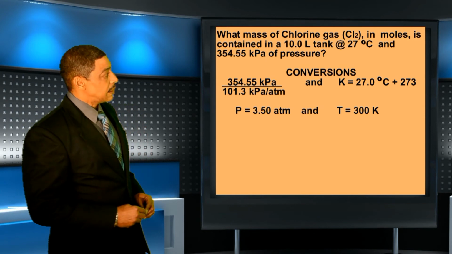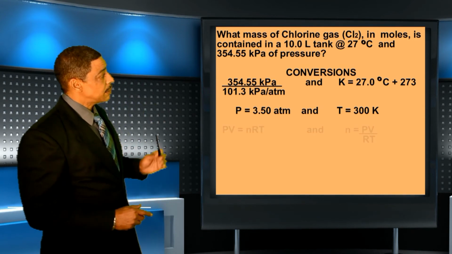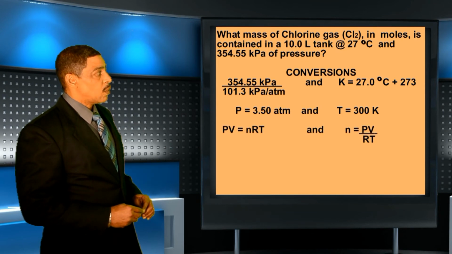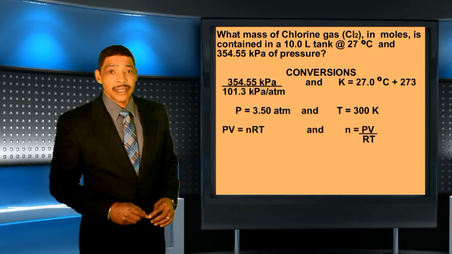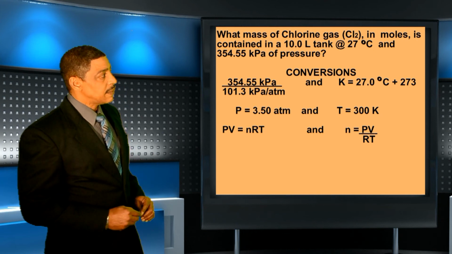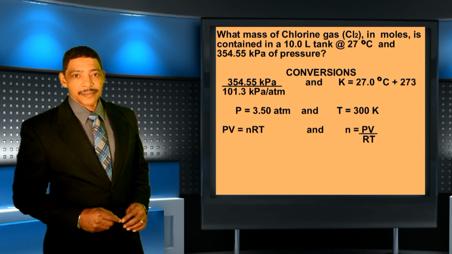After writing the ideal gas law equation, PV equals nRT, we may solve for n, where n is equal to PV divided by RT.